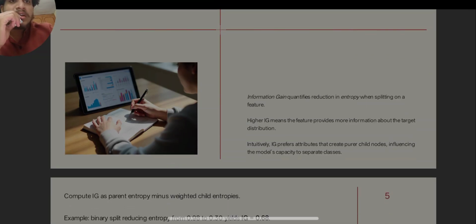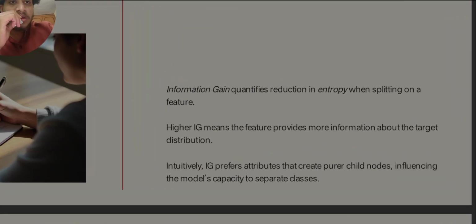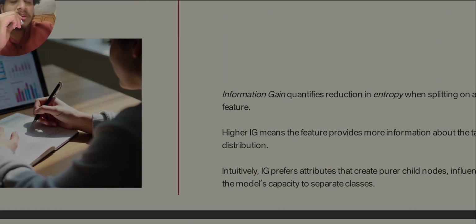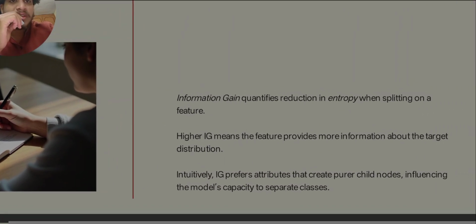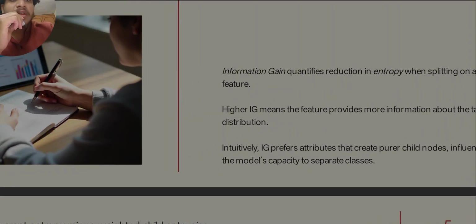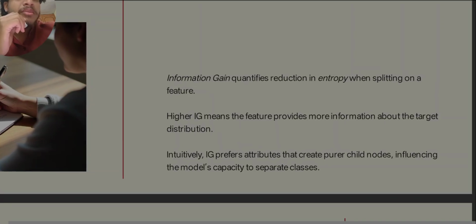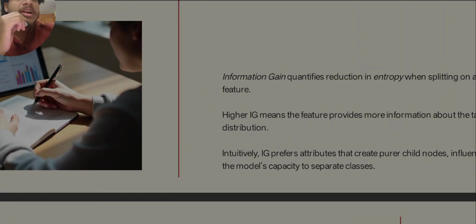Information gain quantifies the reduction in entropy when splitting on a feature. Eventually IG prefers attributes that create purer child nodes, influencing the model's capacity to separate classes.